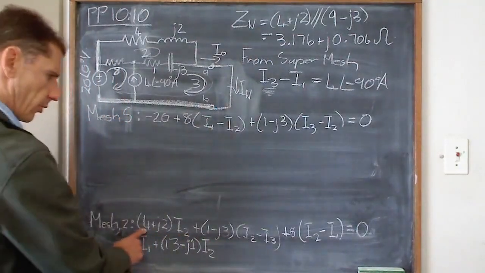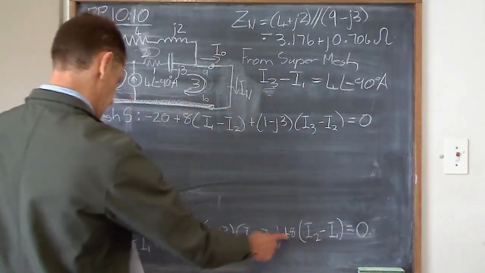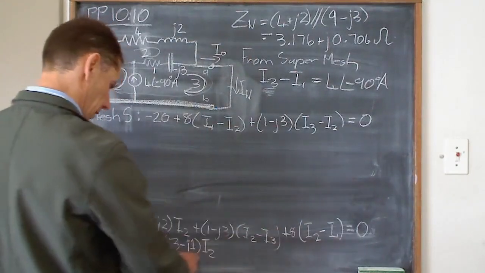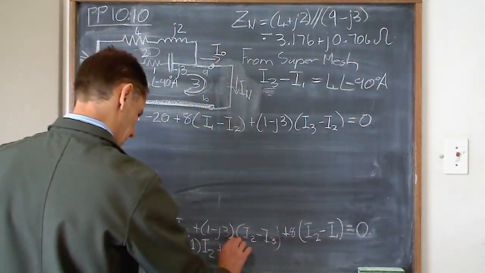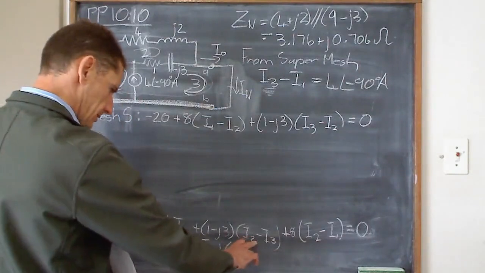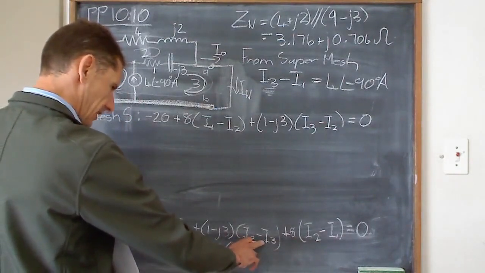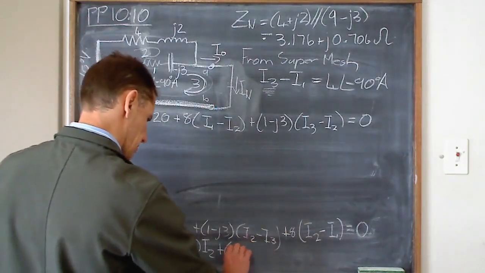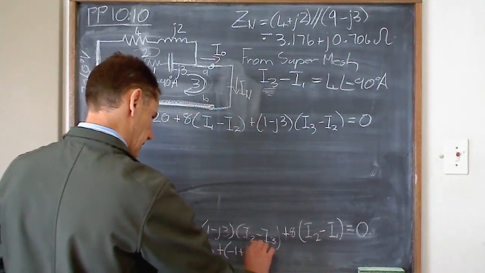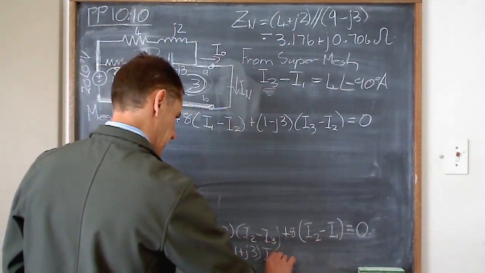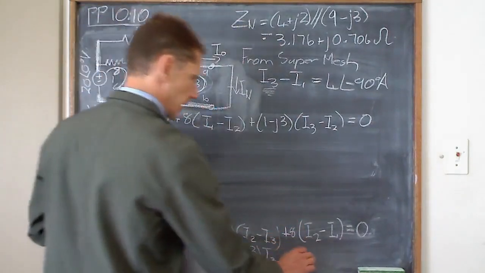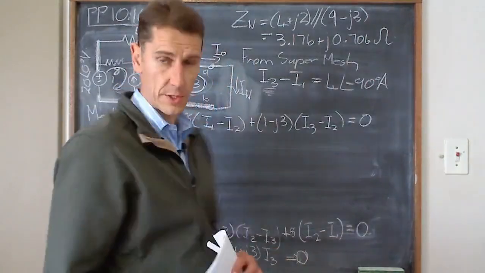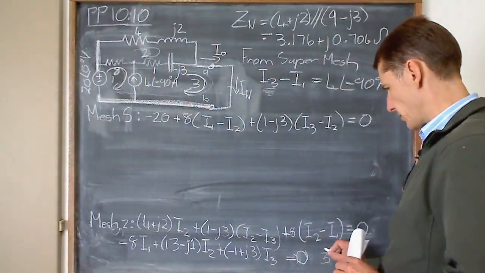I just want to double check. 4, 5, 13 plus j2 minus 1j, minus 1j. Right, so that's fine. And then plus for the I3s, it's a minus there. So it's just the 1 minus j, but it's the minus. So it's minus 1 plus j3 I3. Must equal 0. Make this equation number 3.